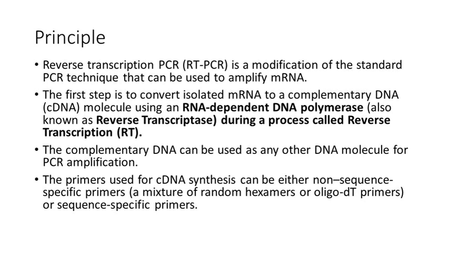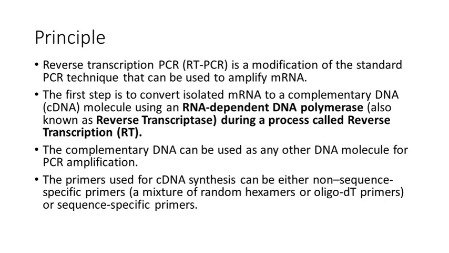This reverse transcriptase is an enzyme which will synthesize the DNA using RNA as a template. That's why it is called an RNA dependent DNA polymerase. So this process is called reverse transcription. The complementary DNA that is synthesized in this method can be used for the amplification process or even to study the gene expression.